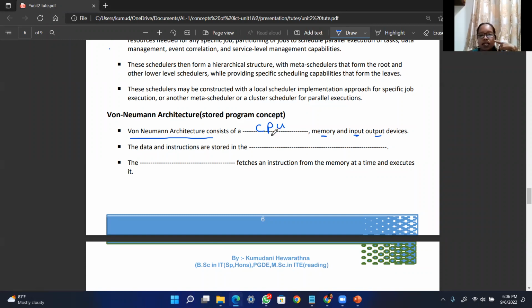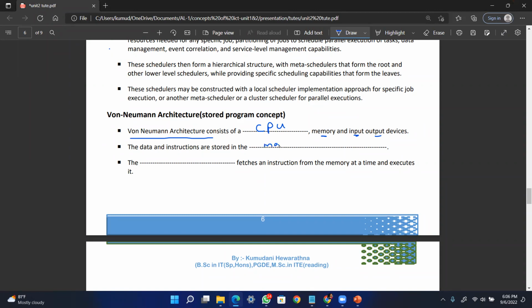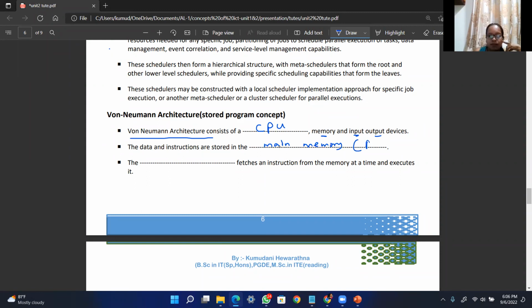The data and instructions are stored in where? Main memory, or RAM. The CPU fetches an instruction from the memory at a time and executes it. Who fetches the instruction from RAM?